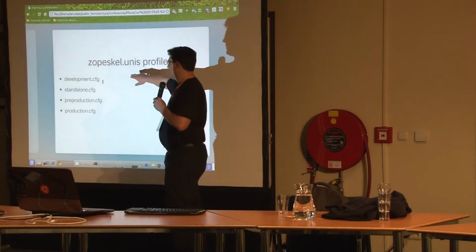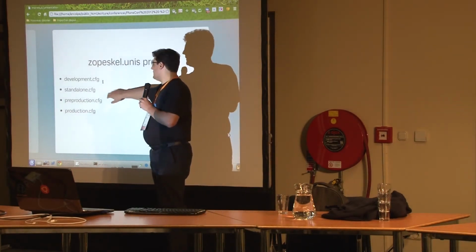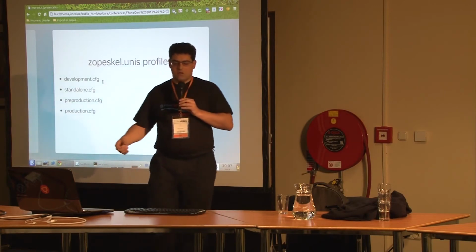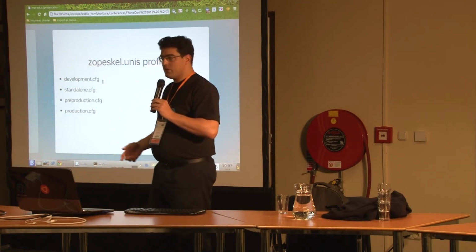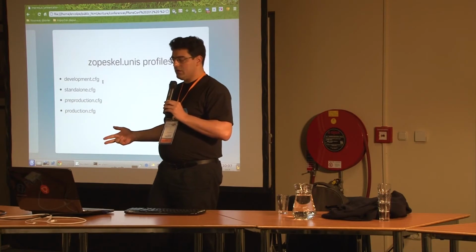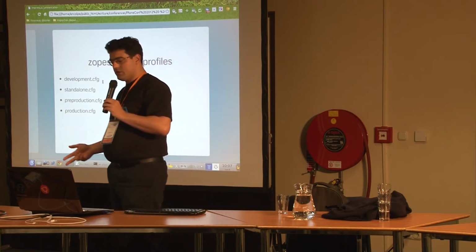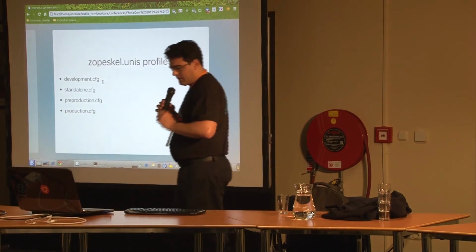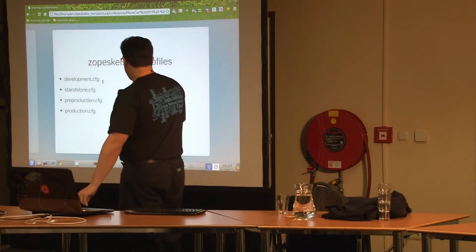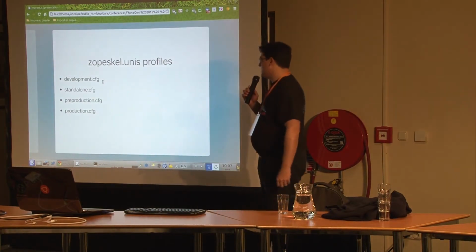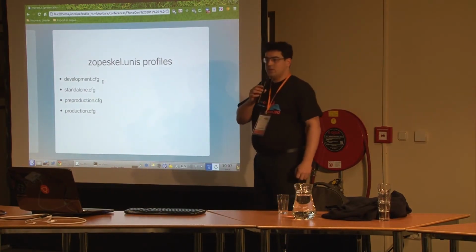First, the development profile. It's like the standard profile with some more extends like Plone IDE, like iPdb for debugging, and you can also add the profiler when you want to make some profiling. Standalone is just basic configuration like you can see in the unified installer.